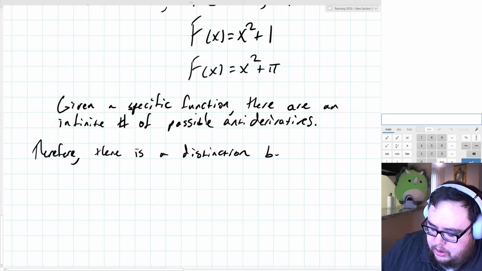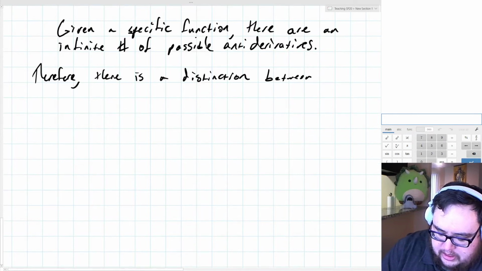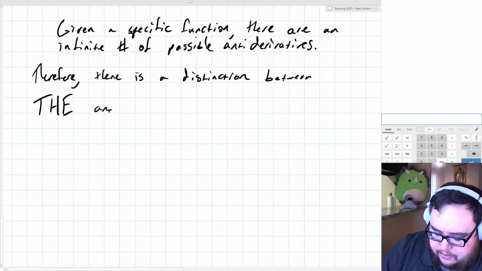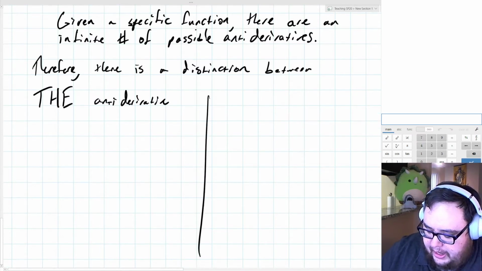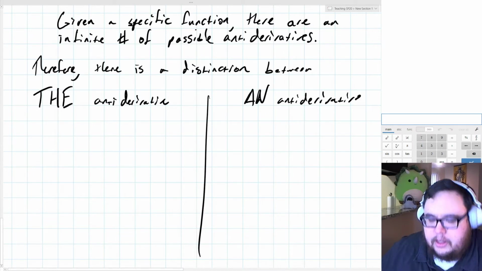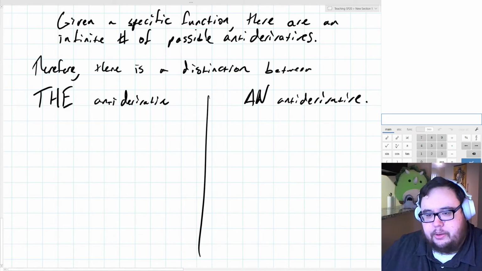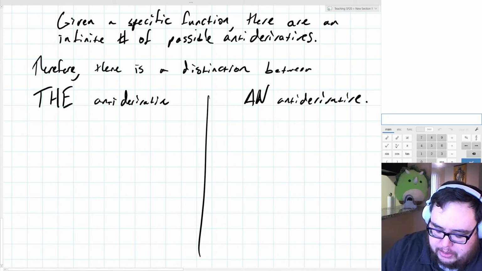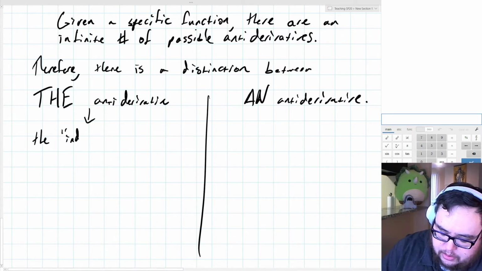The antiderivative, we're going to actually sometimes refer to as the indefinite integral. I should put quotes around that.